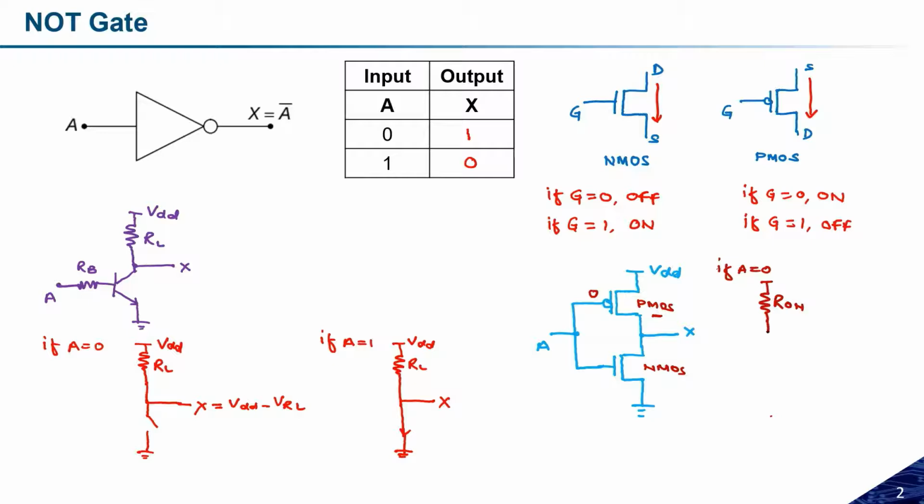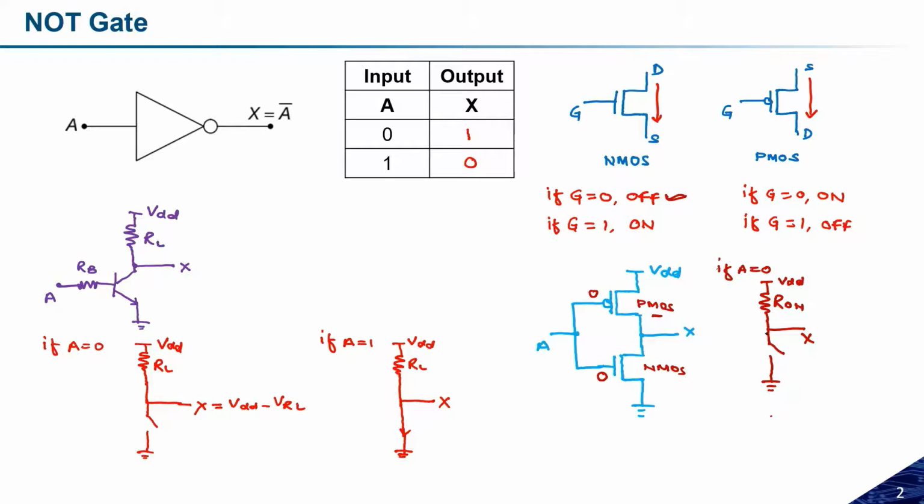Now let us talk about the NMOS transistor. If A is equal to 0, the gate terminal of NMOS is also 0, and we know that if gate is equal to 0, it will act as an off state. Off state means there will be an open circuit between X and the ground. So this is how the circuit will look. Now what can we observe at X?